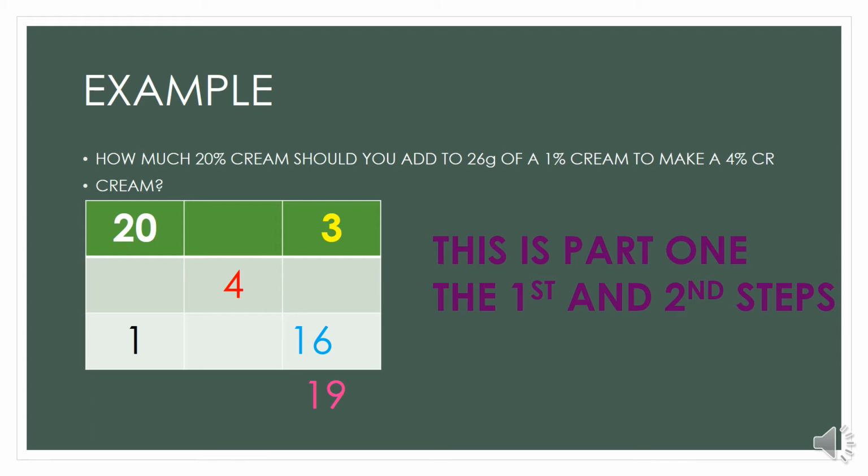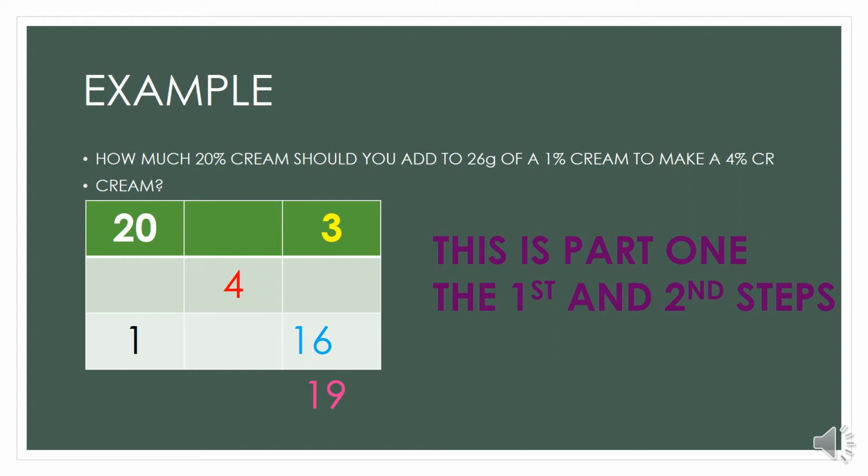These numbers will always be percents. My high is 20, my low is 1. So when I subtract 20 from 4, I get 16, and that becomes my new low. And then I subtract 1 from 4, I get a -3. But remember, there's no negative numbers, so 3 goes in my grid.